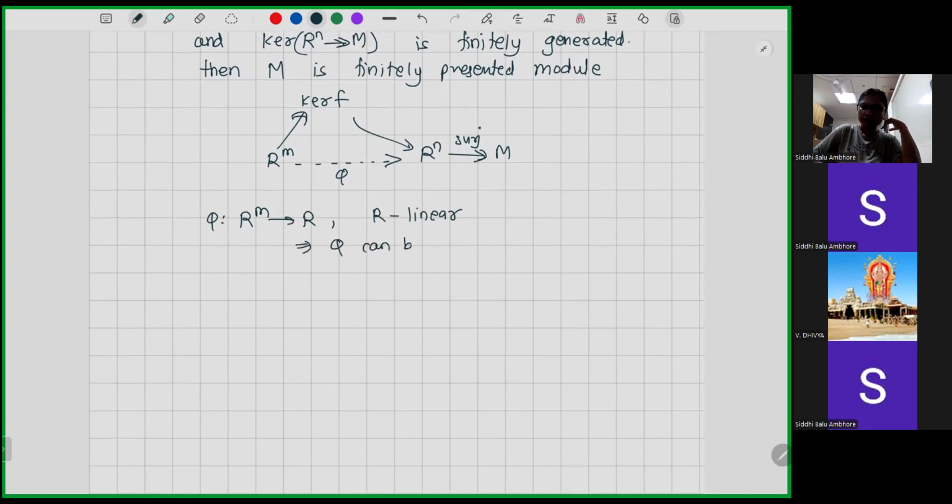So phi can be represented as a matrix, and this matrix is called the presentation matrix of M. Okay.